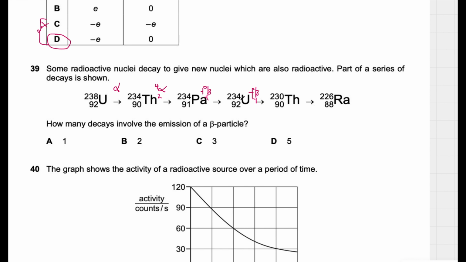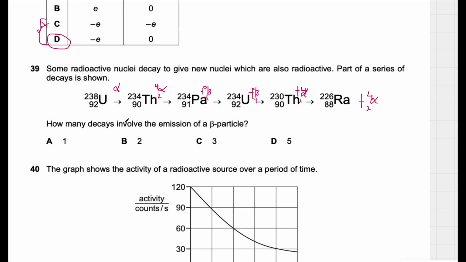Then from this one to this, it has lost 4 and lost 2. So plus here you have alpha, 2 and 4. From 230 to 226, and from 90 to 88, it has lost 4 on top, lost 2 at the bottom. So meaning here you also have alpha, 2 at the bottom, 4 on top.